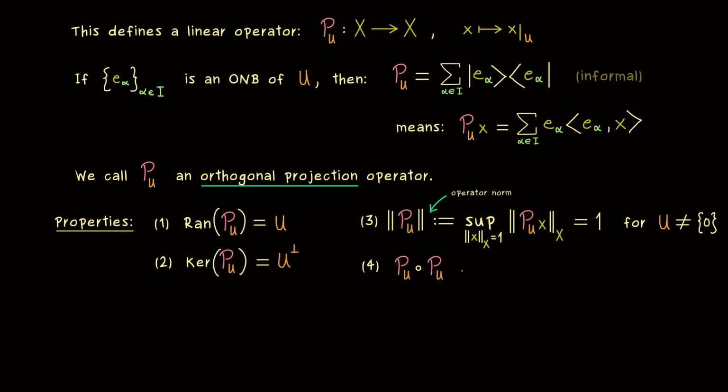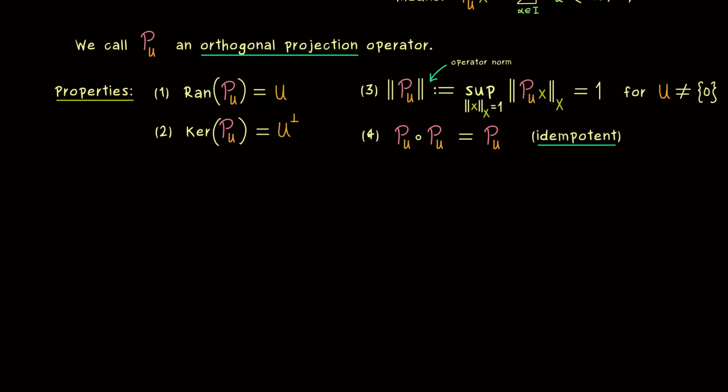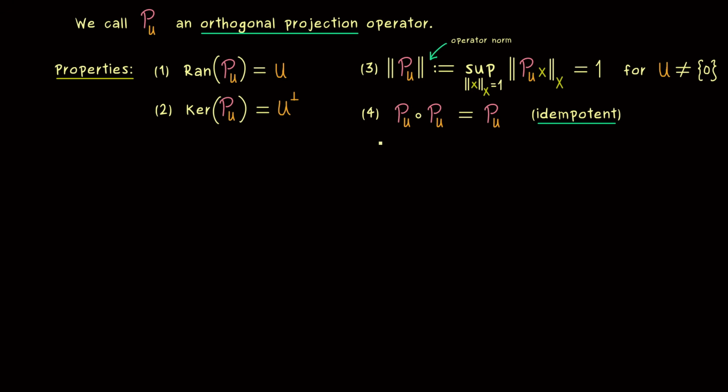And as you might already guess, twice is as good as once. Indeed, after applying P_U once, we are already inside our closed subspace U, and projecting it again does not do anything anymore. And you might already know this property, we usually call it idempotent. Therefore now please remember, an orthogonal projection operator is always idempotent, so applying it more than once is not doing anything anymore.